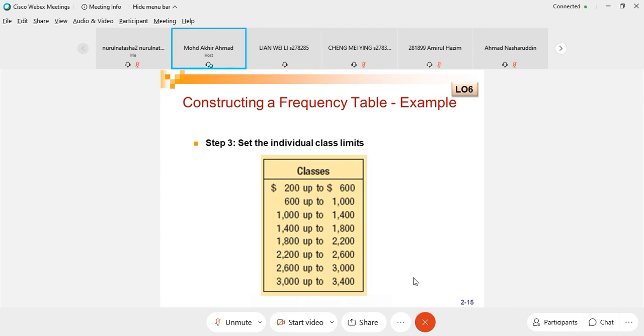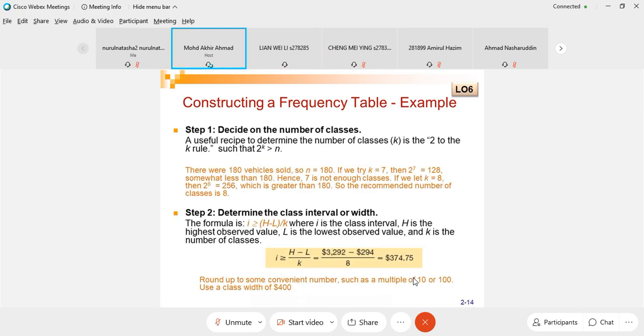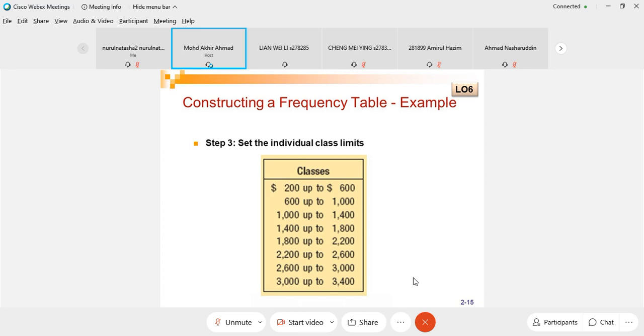Tapi actual based on kita punya calculation, tengok dekat sini slide number 14. So we get 374.75. Kita pergi ke number yang terdekat adalah 400. Okay. So kita punya kelas interval adalah 400. Thank you, Lian. Okay. So now here we develop the class limit. They have the 8 groups. Each group they have 400 class interval.